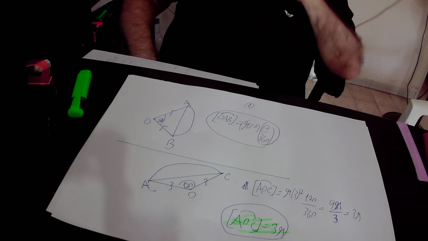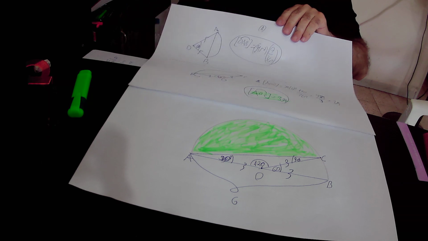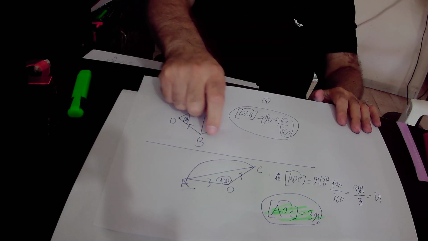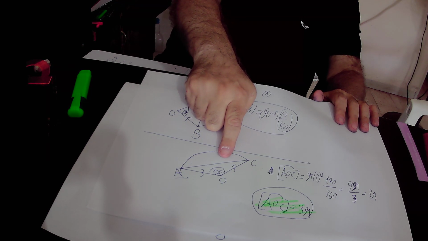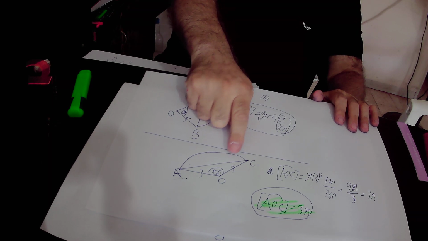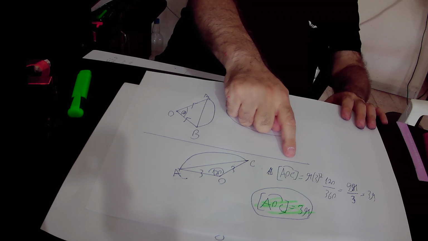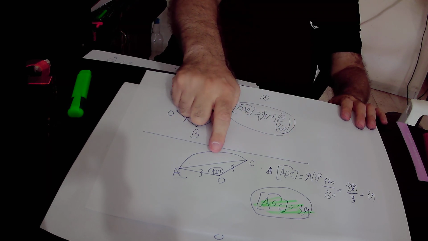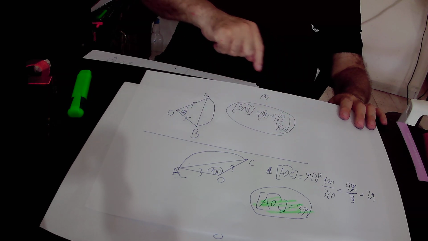We implement the new formula in order to find the area of sector AOC. So I copy sector AOC here. AO and OC are both radii of the semicircle. The angle between the legs of sector AOC is 120 degrees, so the area of sector AOC equals pi r squared. R is 3, so pi r squared is pi times 3 squared. The angle between the legs, theta, is 120 degrees, so it is 120 degrees over 360 degrees.